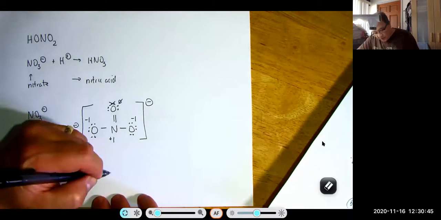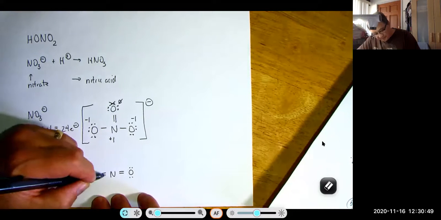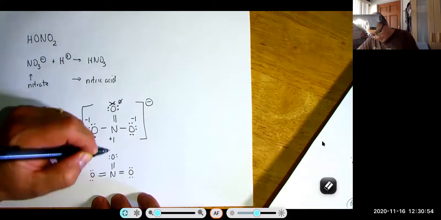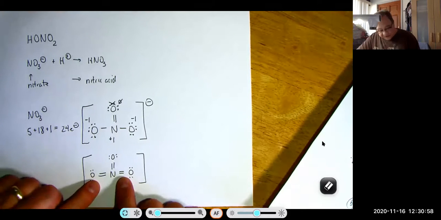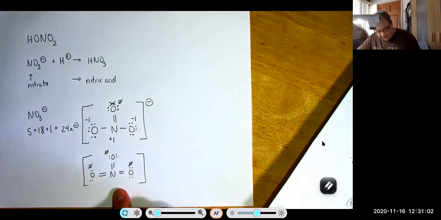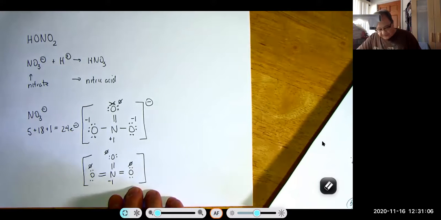So you might ask, why not do this? So you can see here, I've made double bonds to each oxygen. So this is a 0, this is a 0, this is a 0. And then this would end up being a -1 on the nitrogen.